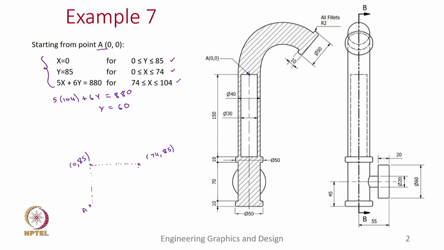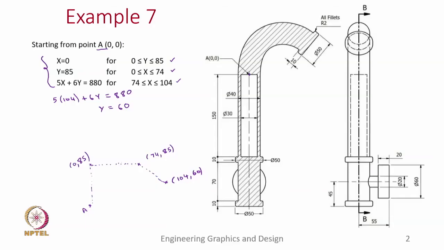So, x is 104 and y is 60, let us say somewhere here. This will be our last segment and the end points are 104 and 60. So, this will help us to develop that spline curve.